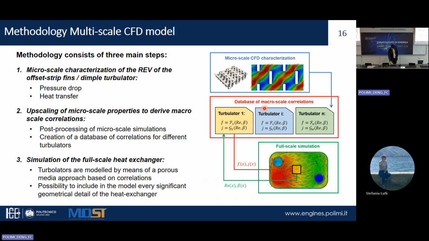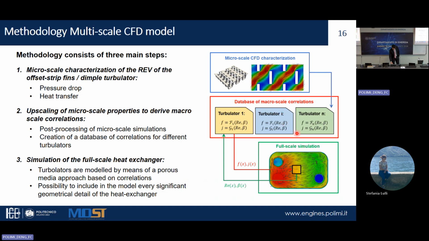And then from these tables we can perform full-scale simulation where the microstructure of the turbulator, or the dimple plates, or the offset strip fins are modeled as a porous media without the subgrid definition of the geometry.